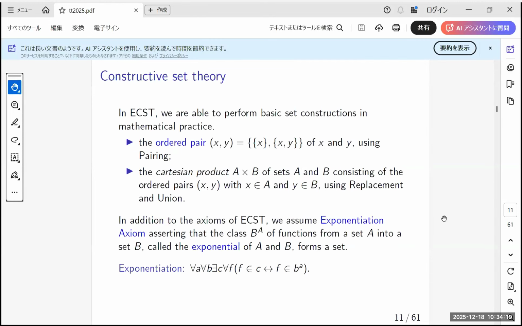So in ECST, we can define the ordered pair using pairing and Cartesian product using replacement and union. And in addition to these axioms, we assume the exponentiation axiom, saying that the class of functions from a set A into a set B is a set.